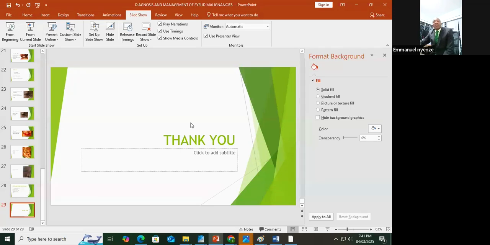Laser excisions can be done for small lesions; that has been done before. Gamma knife for eyelid, I have not had an experience with that. So yes, laser excision is one of the methods that can be done.